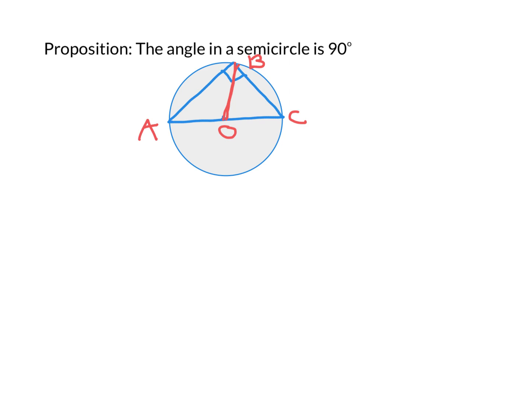It turns out that this triangle and this triangle must be isosceles. Why is that? Because the radius of a circle is always equal no matter where you start on the circumference. So because this triangle here has 2 equal sides and this triangle here has 2 equal sides, they are isosceles.